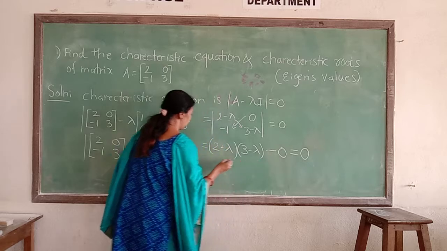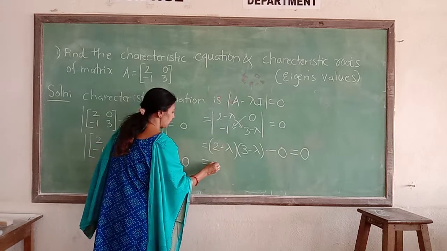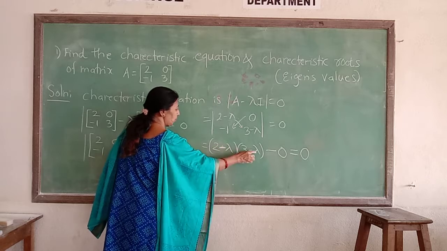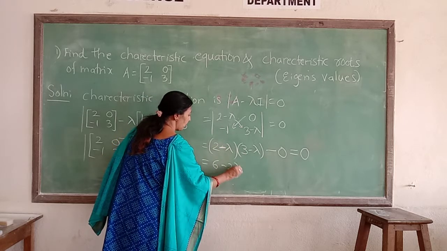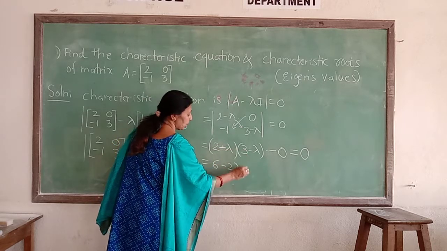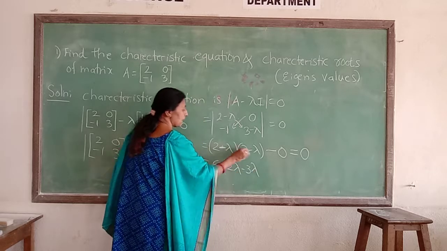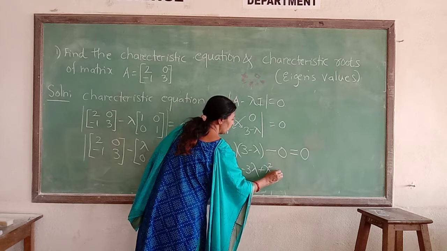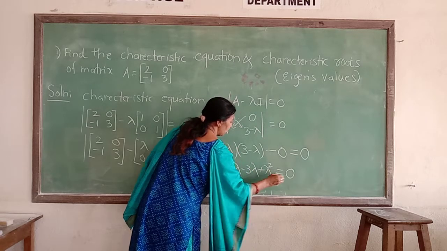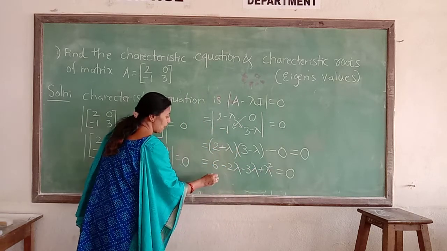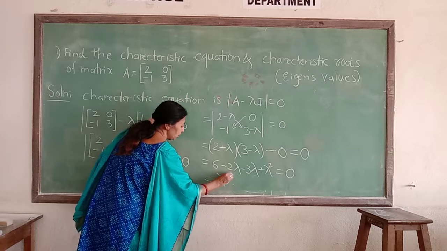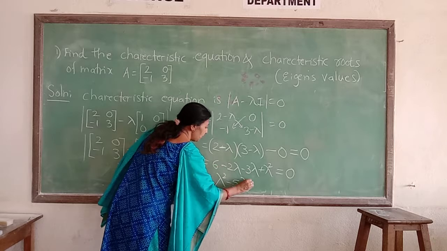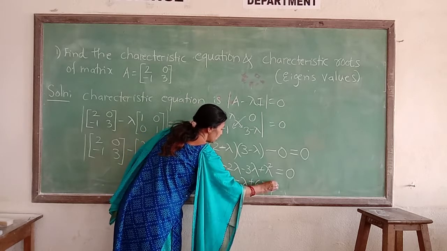Same you have to write. 2 into 3 is 6. 2 into minus lambda is minus 2 lambda. Minus lambda into 3 is minus 3 lambda. Minus lambda into minus lambda is plus lambda square. Arrange them in the proper manner: lambda square minus 2 lambda minus 3 lambda is minus 5 lambda, plus 6 is equal to 0.